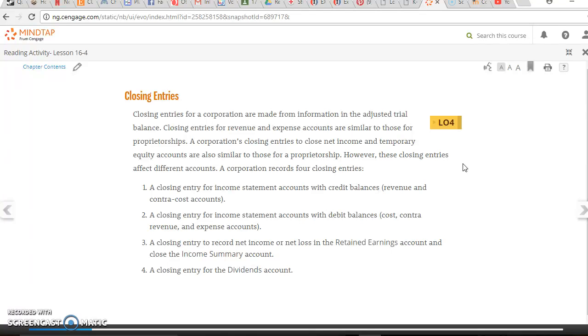And then you update your net income or net loss to your retained earnings account. And then you close out your dividends account, or in a sole proprietorship it was drawing. Okay, so this is the order that we do it here. Again, kind of dice going backwards, except we have a little bit different way of thinking about it.